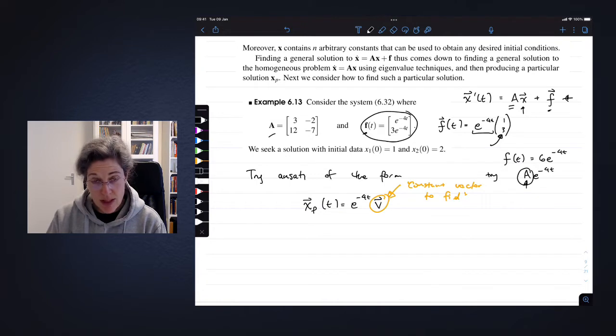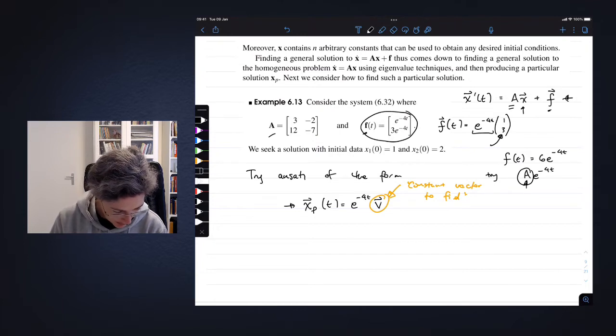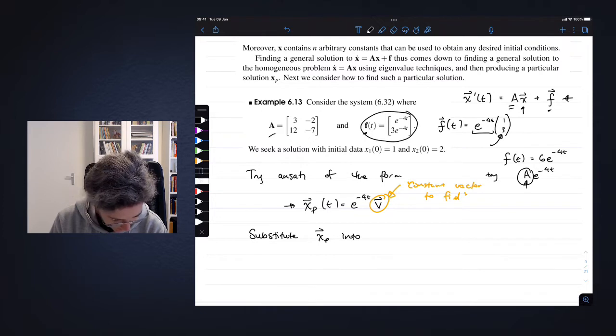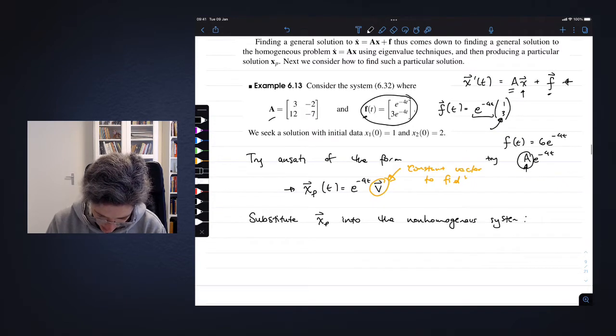Alright, and we do the same thing that we did. We just substitute our particular solution into our DE and see what we can find. So let's substitute our particular vector into the non-homogeneous version. So what do we get? Well, we need to take the derivative.